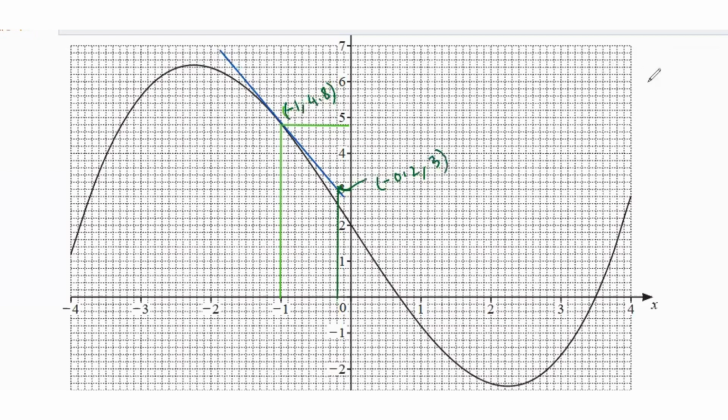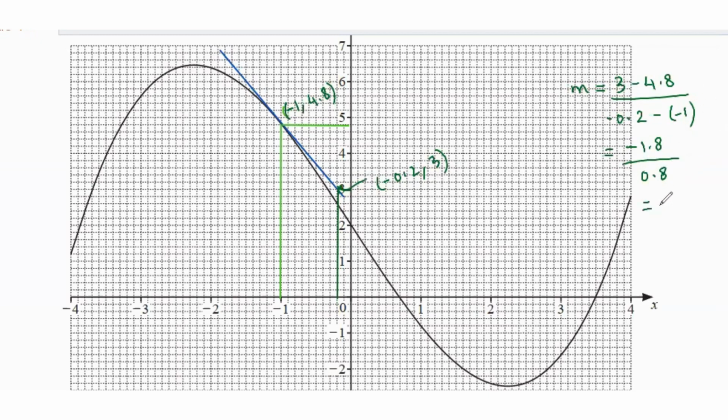So we find the gradient. m would be 3 minus 4.8 over negative 0.2 minus negative 1. So that's going to be negative 1.8 divided by 0.8.